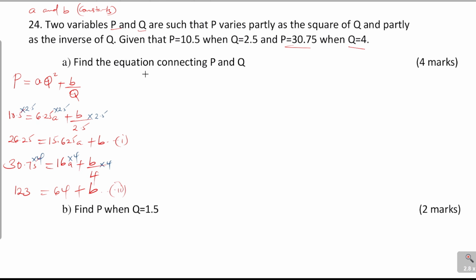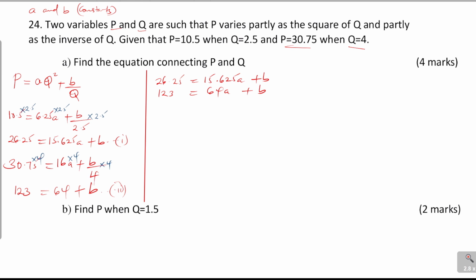So now you have two equations which you have to solve simultaneously to find the values of the constants. The first one is 26.25 is equal to 15.625a plus b, and then the second one is 123 is equal to 64a plus b.